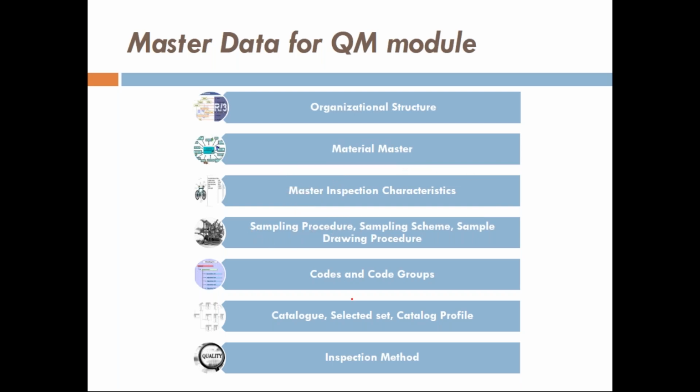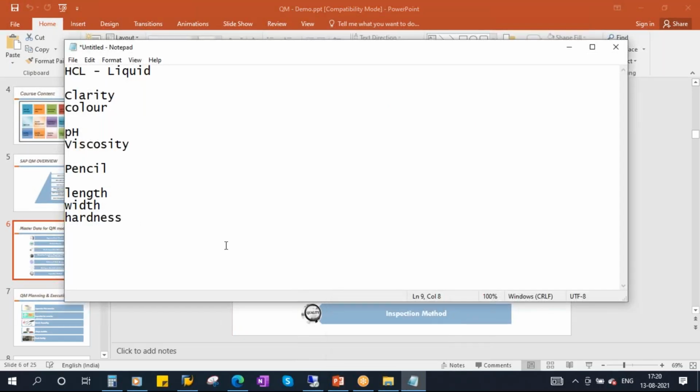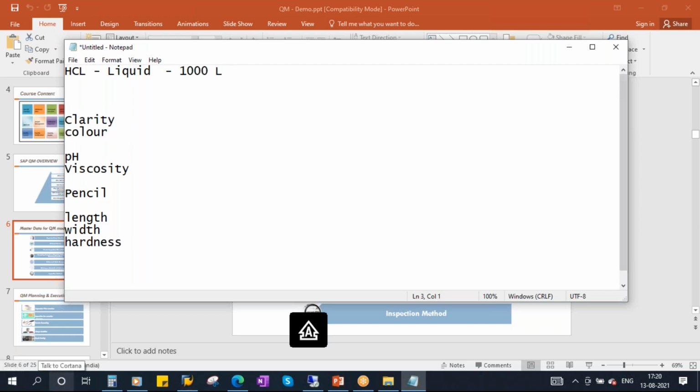What is a sampling procedure? I'll tell you a simple example. Take the case of liquid. Suppose you received 1,000 liters of solution from a supplier. You purchased it and want to do a quality check. Are you going to inspect the entire 1,000 liters? What will you do normally?